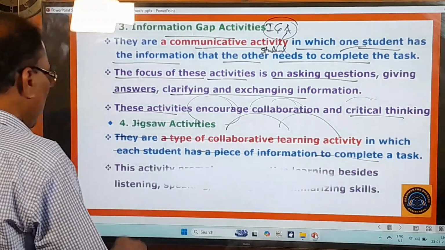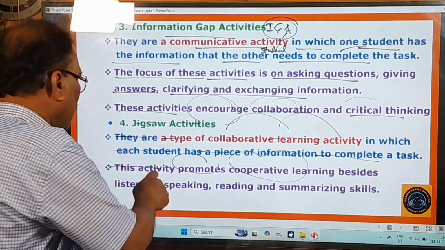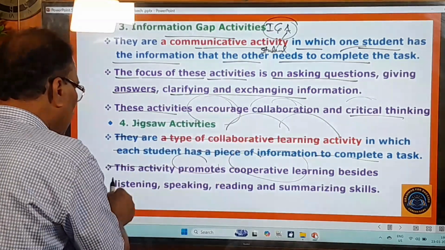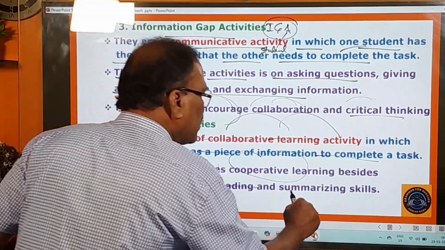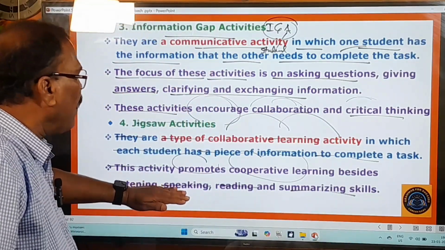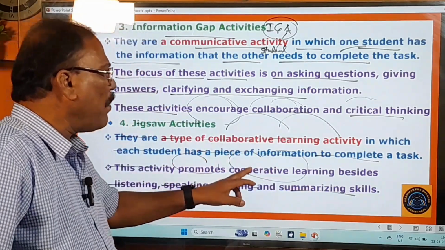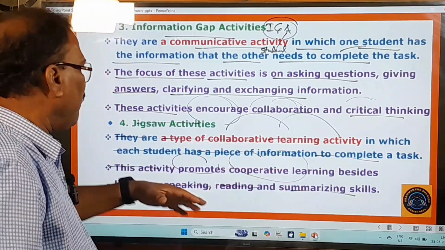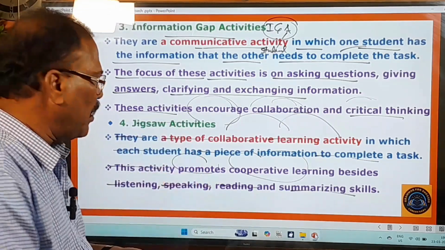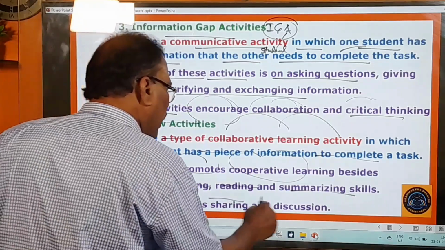And here you pay attention. This activity promotes cooperative learning. So this activity is great for promoting cooperative learning. Besides enabling the students to learn listening, speaking, reading and summarizing skills, this also promotes cooperative learning. So that's why these jigsaw activities are really very interesting, very important. It also encourages sharing and discussion.